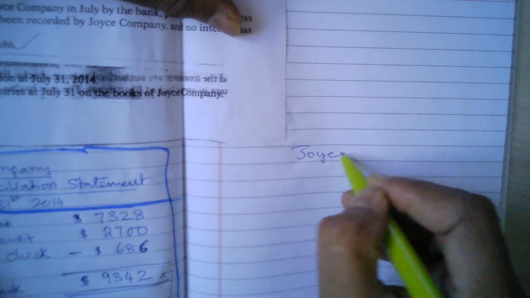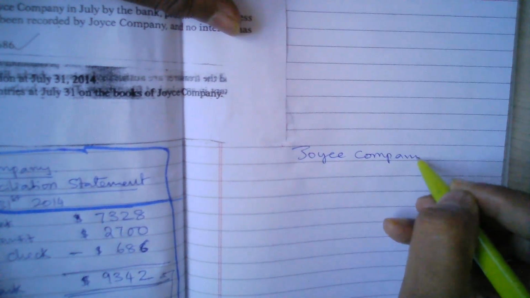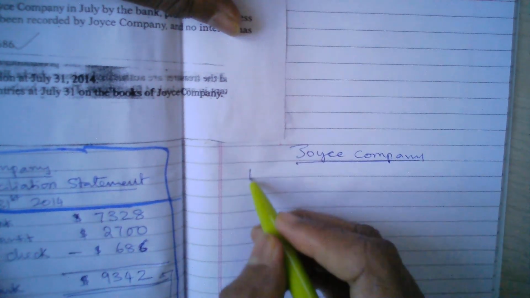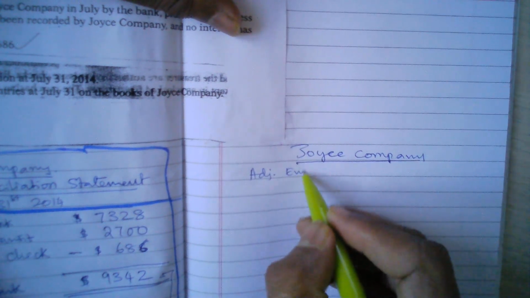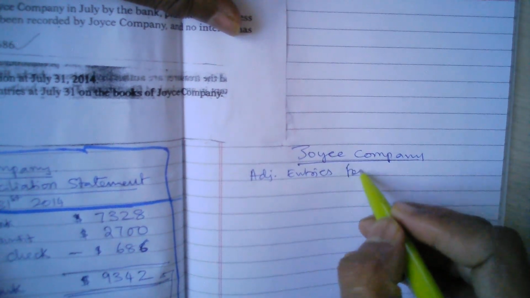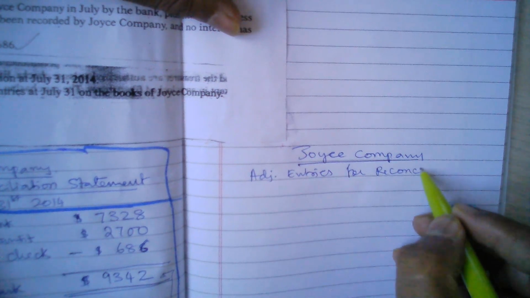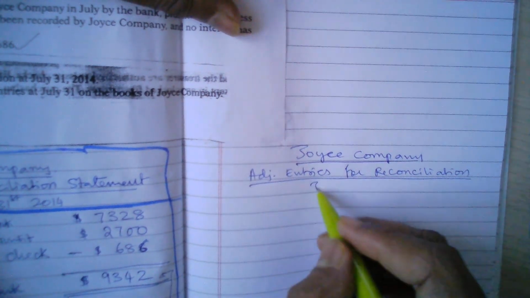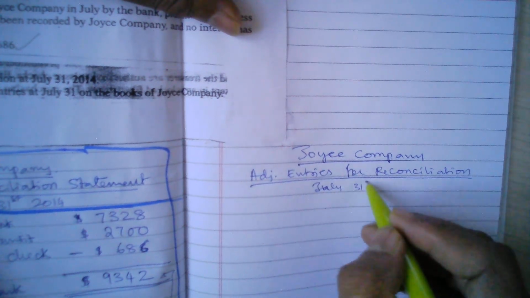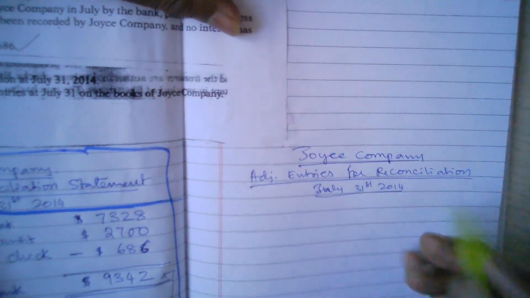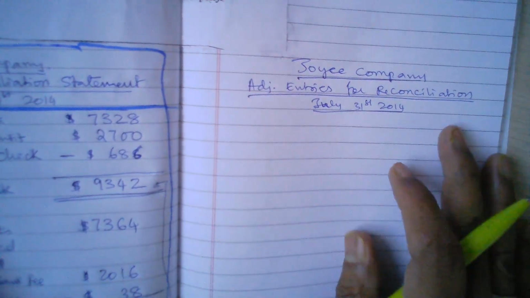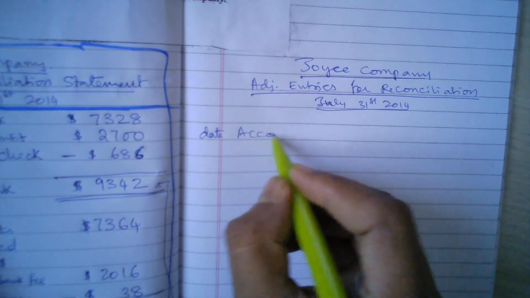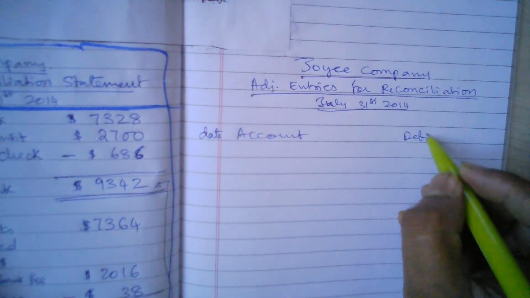Joyce Company, adjusting entries for reconciliation, and the date is July 31st, 2014. So let's do that, and you know the format: date and account, and debit and credit.